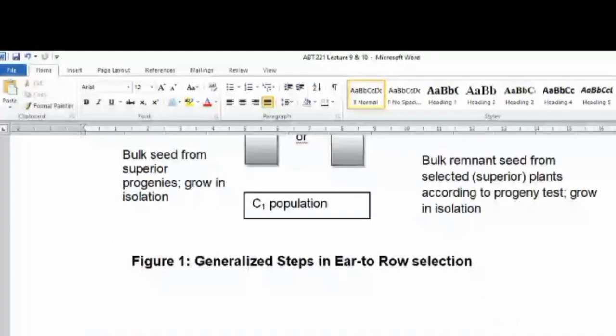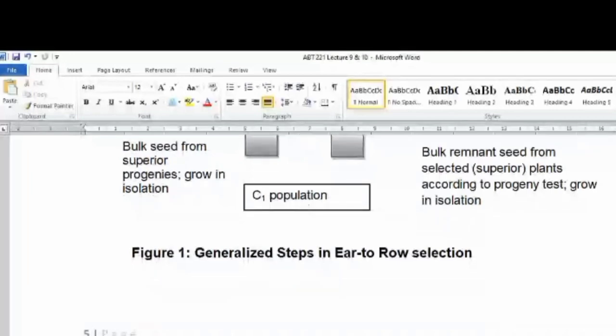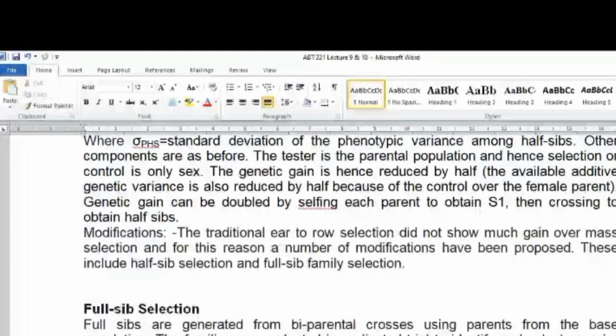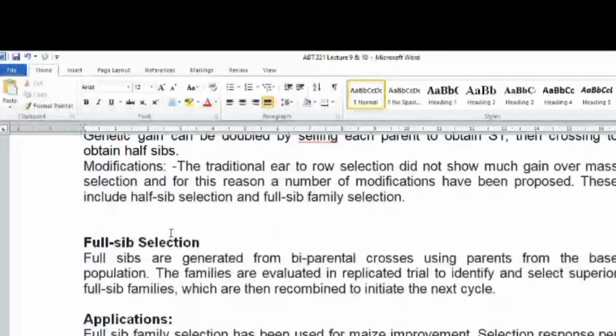Like when we talk about ear-to-row selection, what are we talking about? We are talking about half-sib family selection. Or we could be talking about full sibs. And full sibs are generated from biparental crosses using parents from the base population.